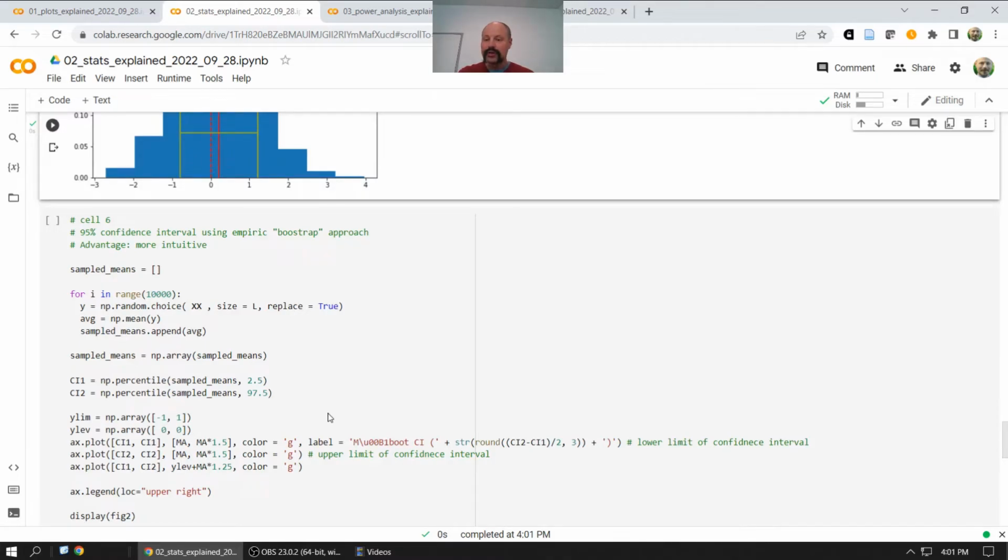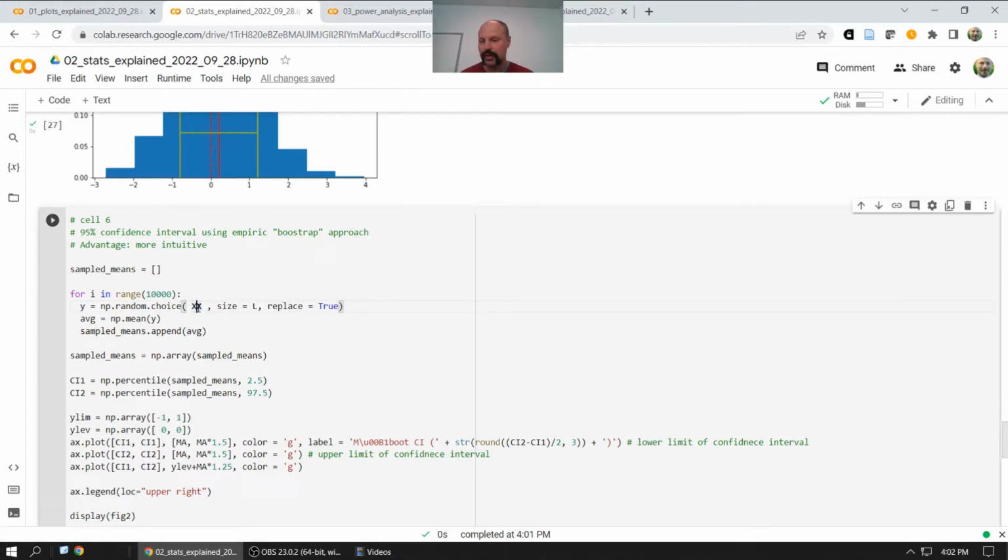Now we will use a different approach to estimate the confidence interval, which is called bootstrap. What we do here, we take randomly the values of our data, which is XX, which is a large array of the data of 600 values.